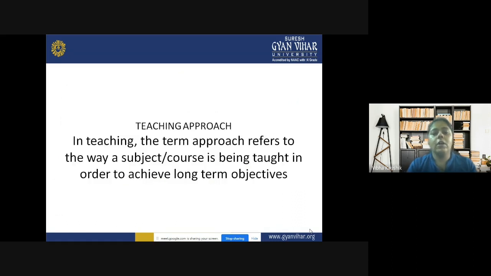Now, the teaching approach. In teaching, the term approach refers to the way a subject course is being taught in order to achieve long-term objectives.